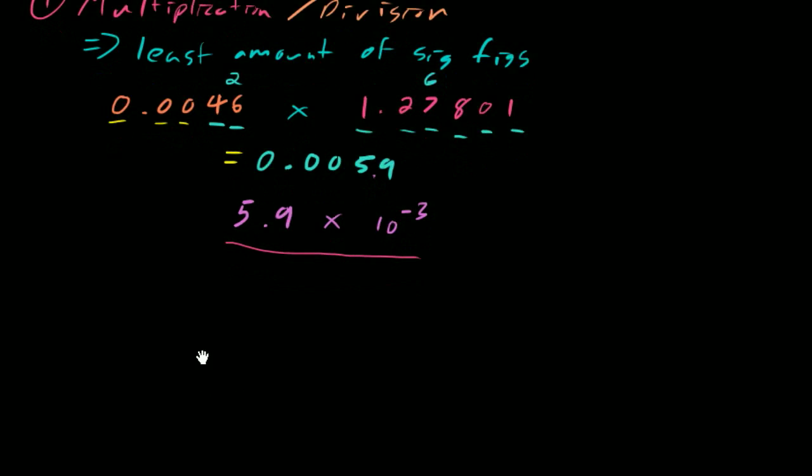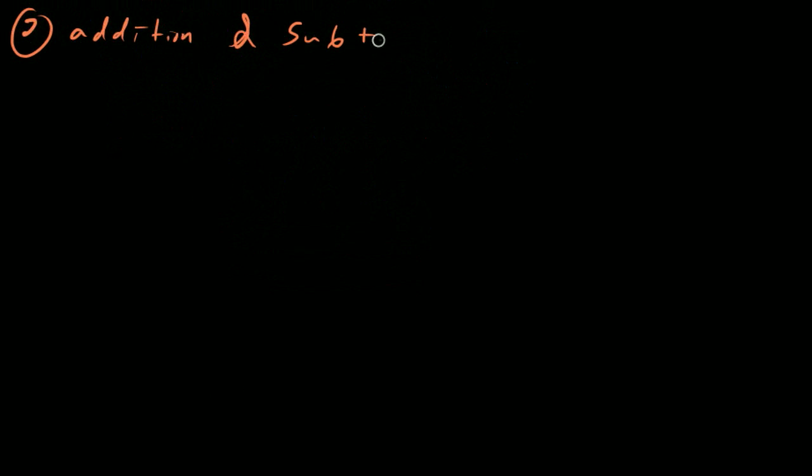The next rule, so I'll say this is rule 2, is for addition and subtraction. What you do with addition and subtraction doesn't deal with the significant figures directly.